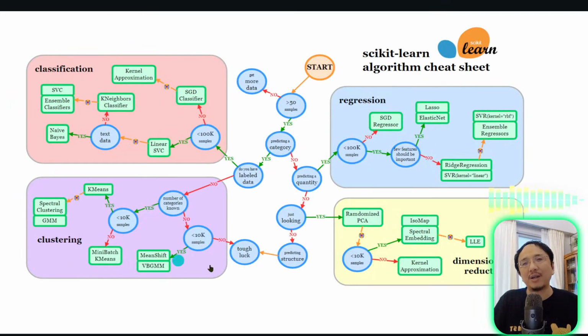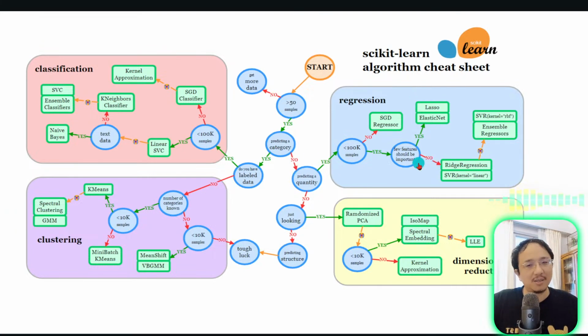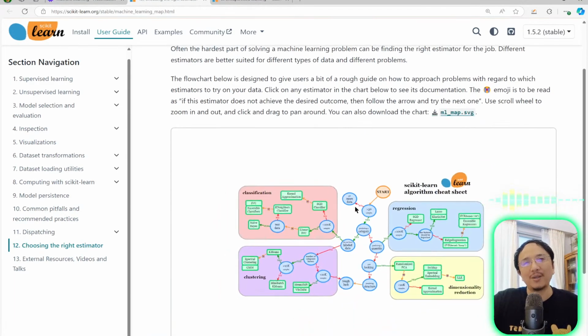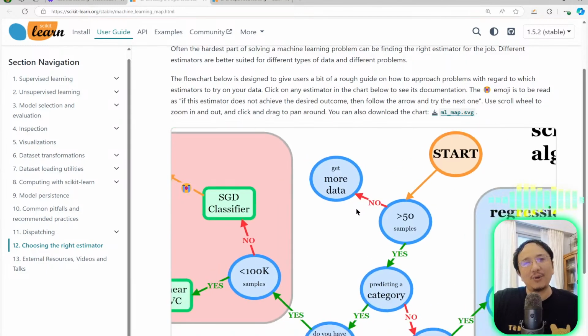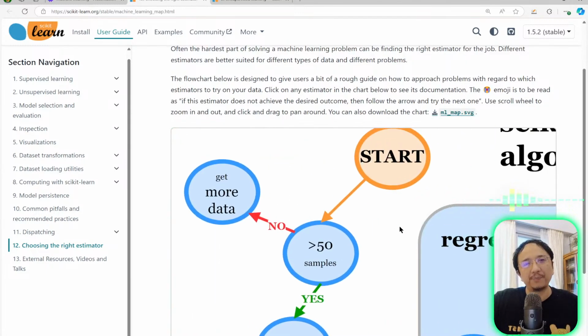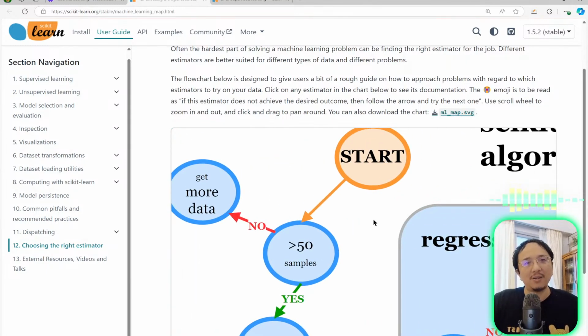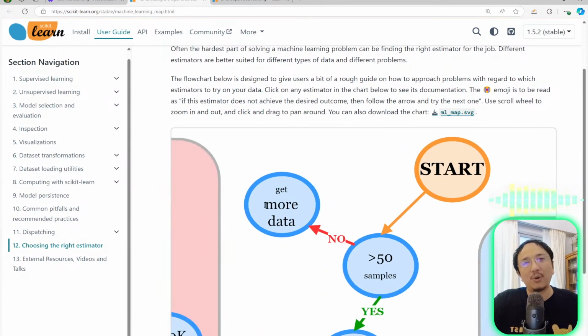Here is a guide on how to choose which model, like classification, clustering, regression. You can find the slides and click this, just like I did, to find the original one here. If you are not familiar with these things, you can follow it. It's quite fun. For example, the first step asks whether you have more than 50 samples. If not, get more data.